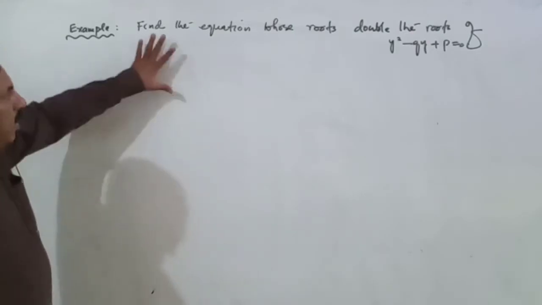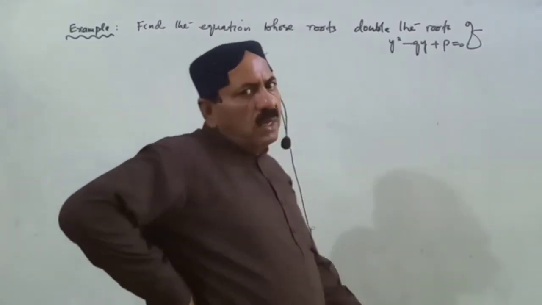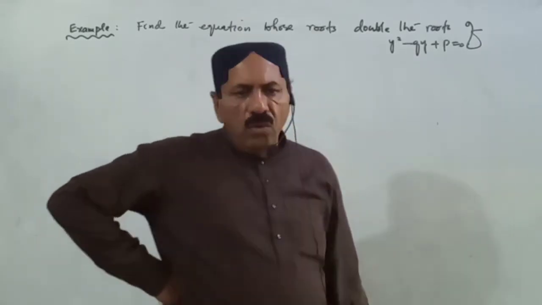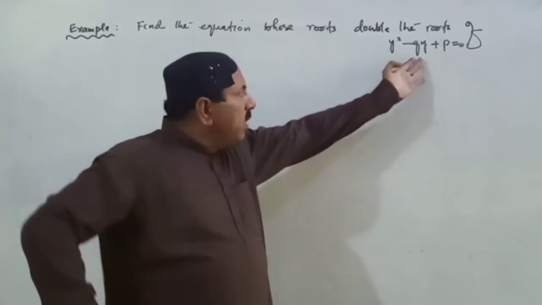Means this is the equation y square minus qy plus p is equal to 0. But we need such an equation whose roots are double as compared to the roots of the given equation.